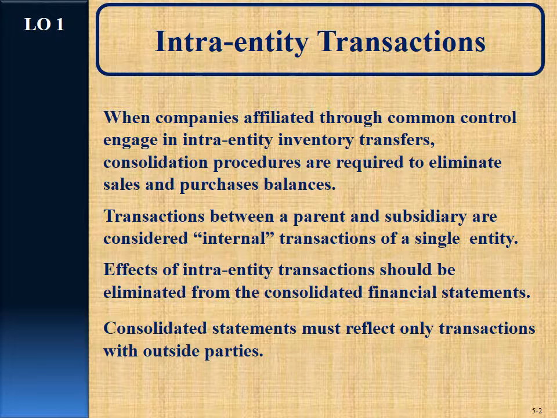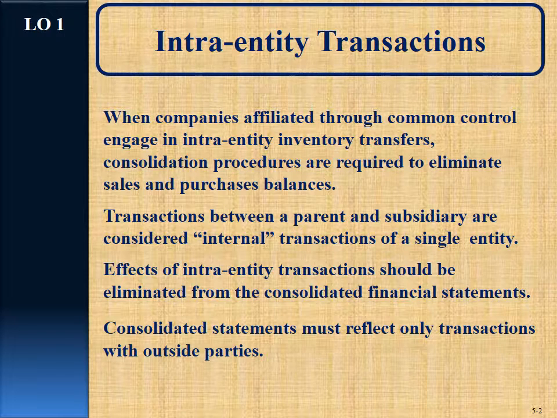In other words, if a parent sells to a subsidiary, they're going to increase their sales amount. But in the same respect, the subsidiary will also have a transaction, and when they sell the goods, they will also have a sales revenue amount.